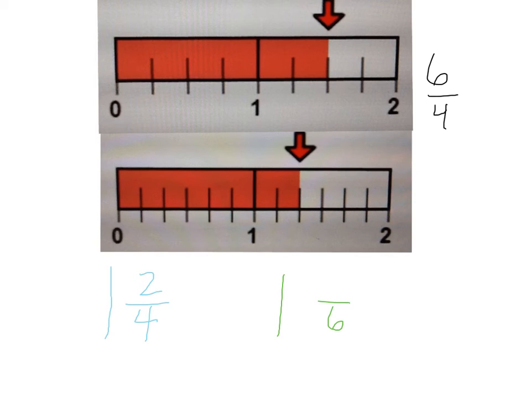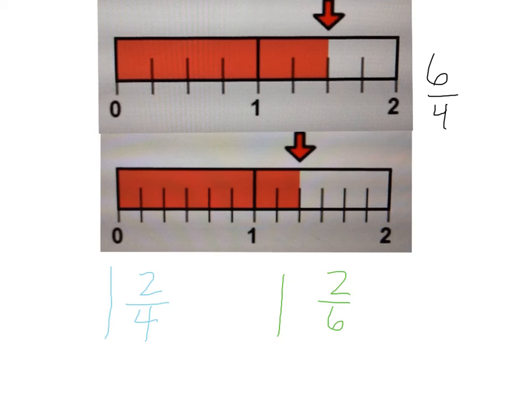Okay, so now let's figure out my numerator. Starting on 1, I have 1, 2, and that's 2 out of 6. Now to compare these, I take a look and I see my whole numbers are the same.